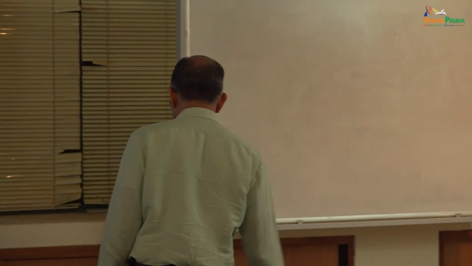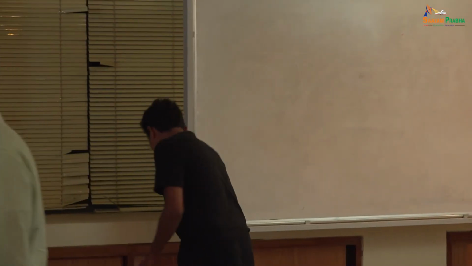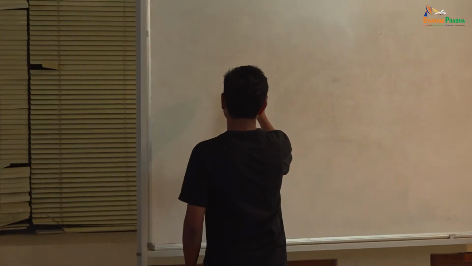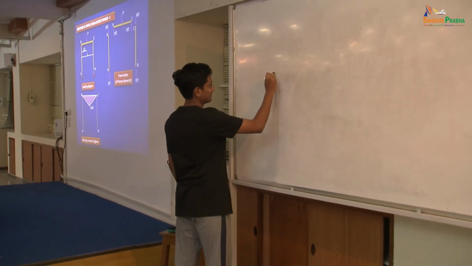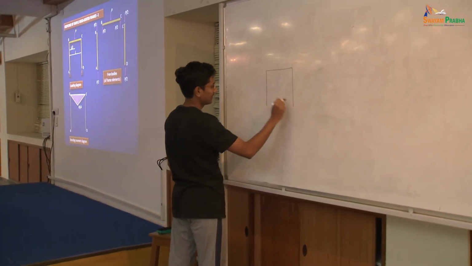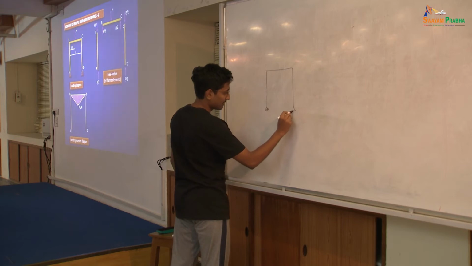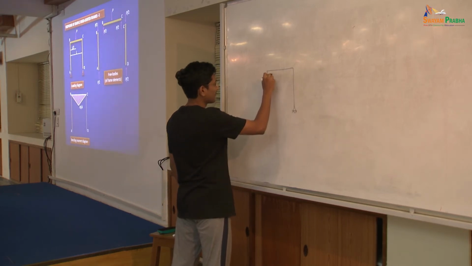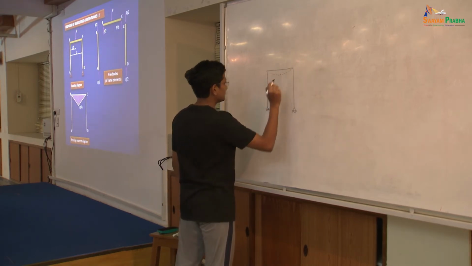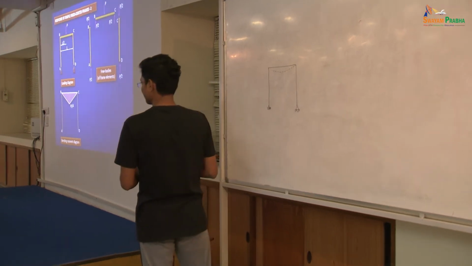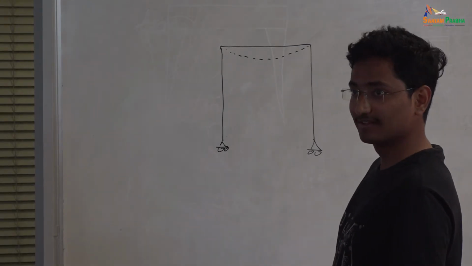Take the black and the blue maybe, or green. You can show the roller supports if you want. And the columns remain vertical.